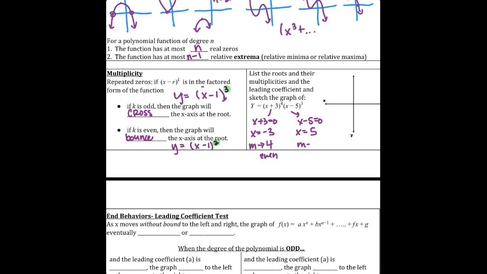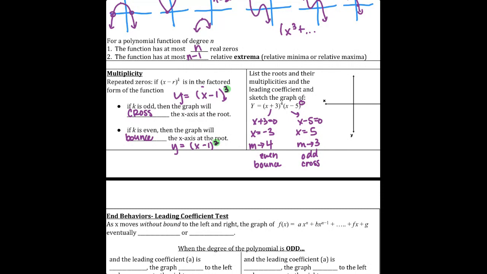And this has a multiplicity of 3, its degree, which is odd. Okay, so the 4 will make the graph bounce off the root, and the odd multiplicity will make it cross.